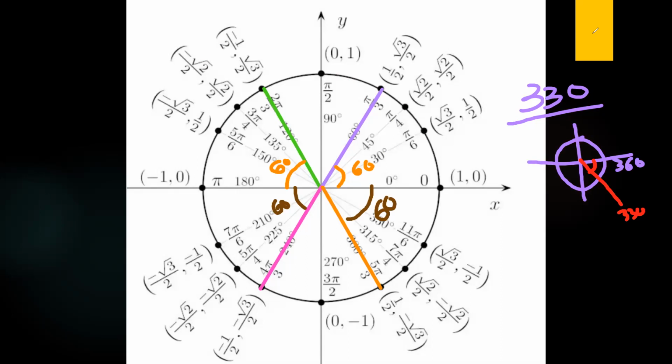Then find the nearest x-axis. It is the positive x-axis, so its measure here is 30 degrees. So you have to use the numbers of 30, which we know: square root of 3 over 2 and 1 over 2. Then you have to change the signs. Why? Because the cosine is positive and the sine is negative. By this way, you can find the cosine and sine of angle 330 without a calculator.